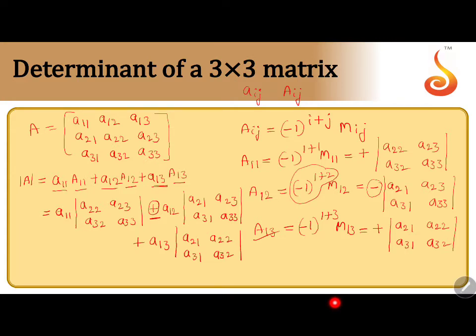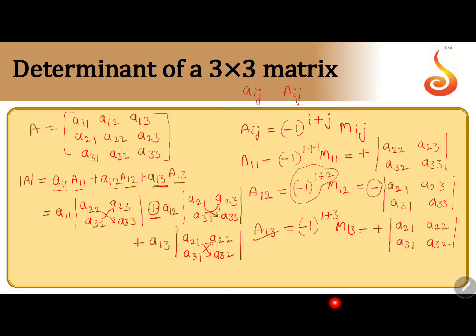So this is a way of finding determinant of a 3 by 3 matrix. After that we know how to expand these 2 by 2 determinants, AD minus BC formula everywhere. So I will explain you with one example, and observe once before going to that.